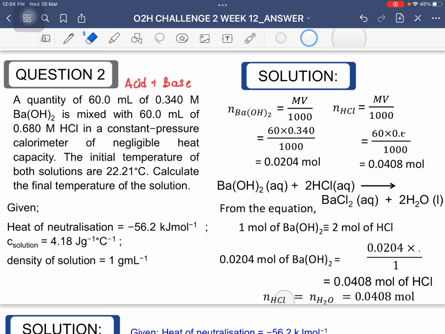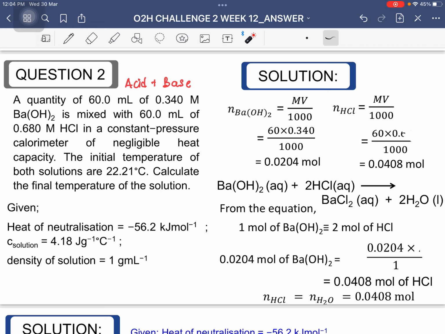So the mole of HCl will be equal to the mole of water. Daripada equation, kita buat ratio reactant to reactant untuk cari limiting reactant. Okay, sebab kita nak tahu mole of water is depend on mole of HCl atau depends on mole of barium hydroxide.